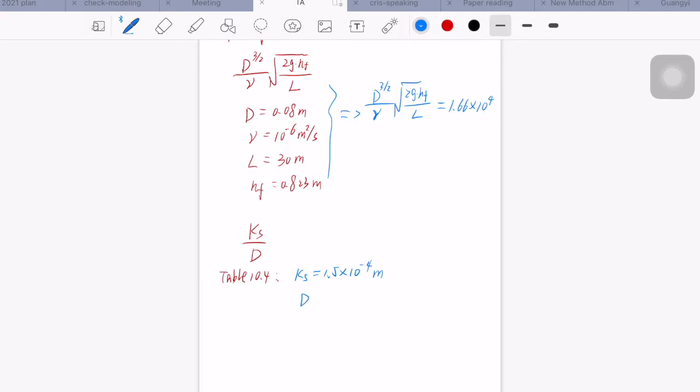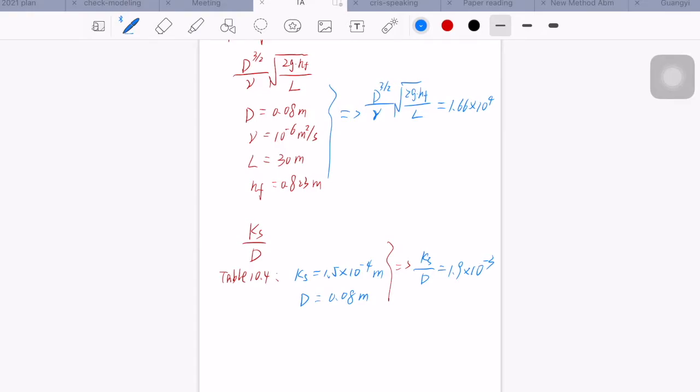And we also know that D is 0.08 meters, so we can determine that the relative roughness Ks over D should be equal to 1.9 times 10 to the power of -3.